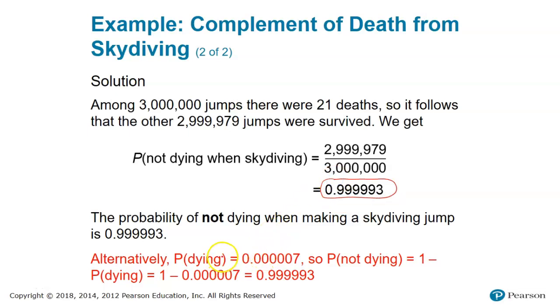Another way to think of that is the probability of dying, we found on a previous screen, was 0.000007. So the probability that they're not going to die, which is its complement, is going to be 1 minus the probability of dying. So 1 minus this is also going to give me the same answer. So it's just two different ways to look at approaching this answer here.